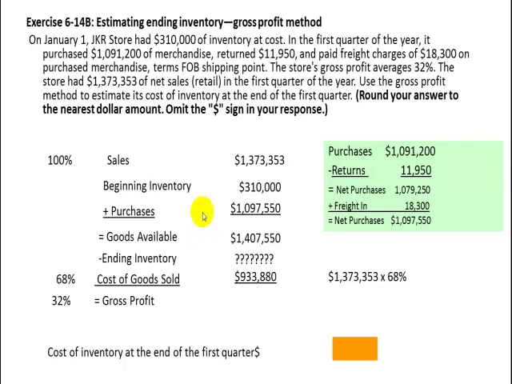And so if we now know the goods available and the cost of goods sold, the difference between these two should give us our ending inventory. Our ending inventory in dollars will be $473,670. And let's see, are we done? We are done.